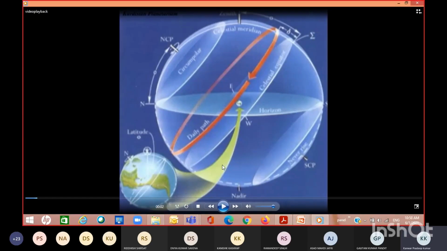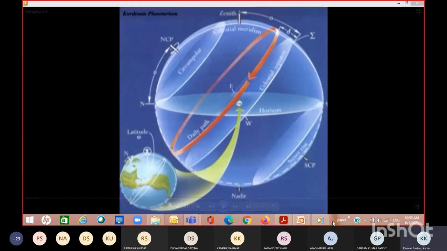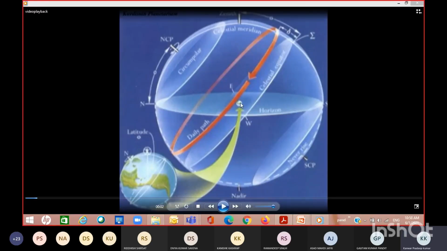Here the point which I am trying to tell you is now circumpolar. For an observer who is standing here, let us say at 40 degrees north latitude, when he sees the sun rising, let us say the red line is the sun. The sun will rise at this point where my cursor is now. Can you see that point? Because this is the horizon, no?